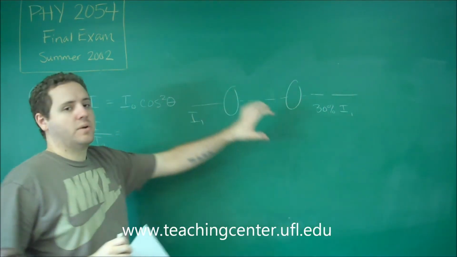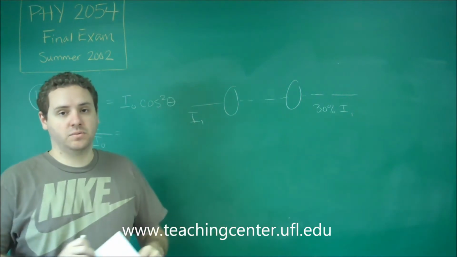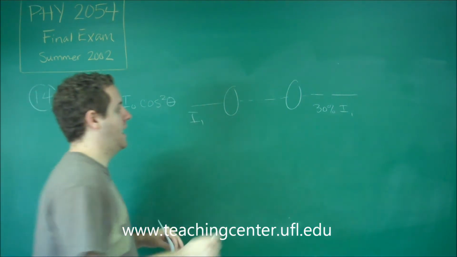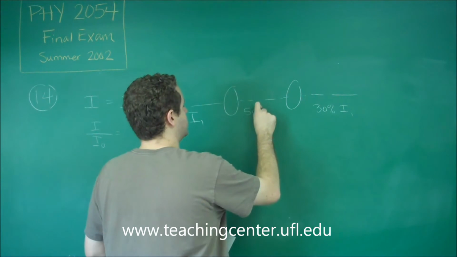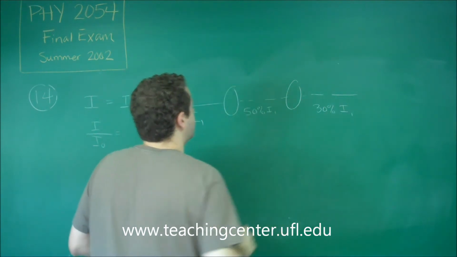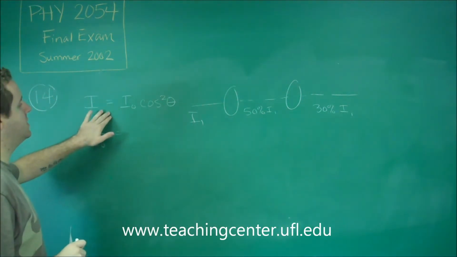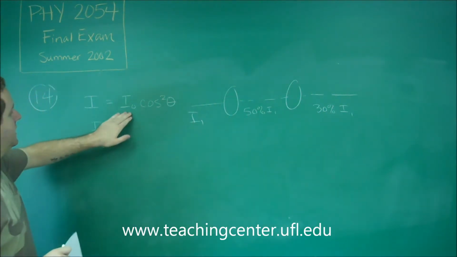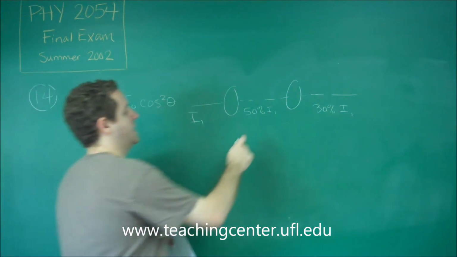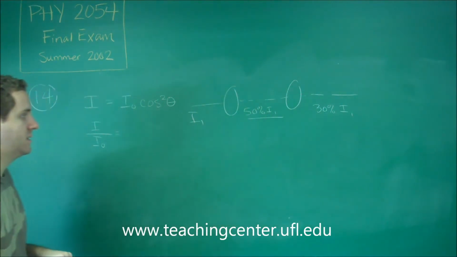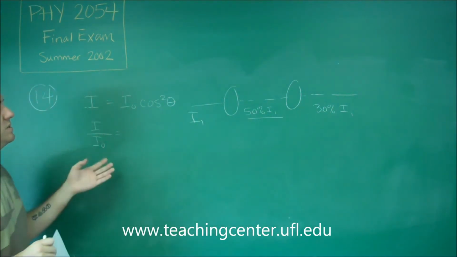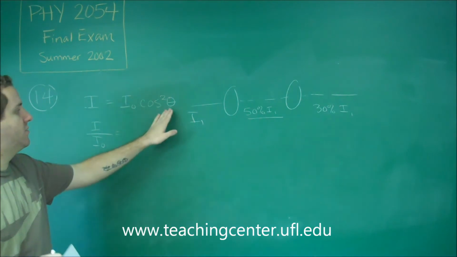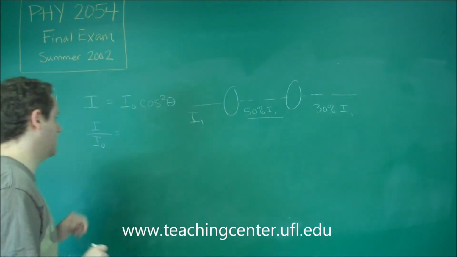A regular unpolarized light just going through any polarizer automatically cuts it in half. So this is actually 50% of I1. So when you're using this equation and we're talking about the second polarizer, the incident on the second polarizer was actually already 50%. Its transmission was then only 30%, so we can find the angle difference between those two.